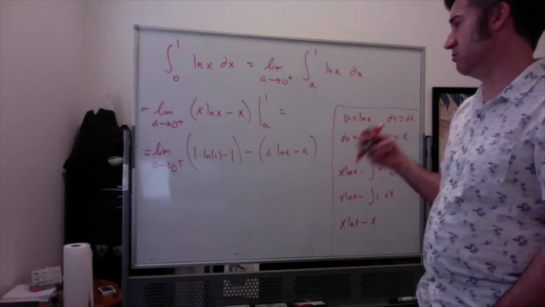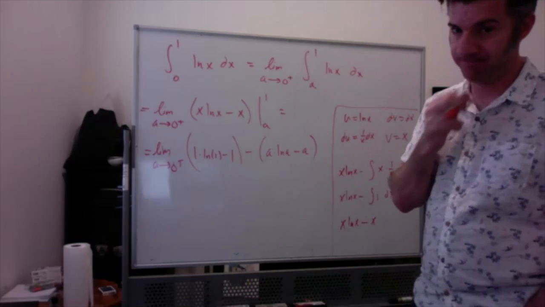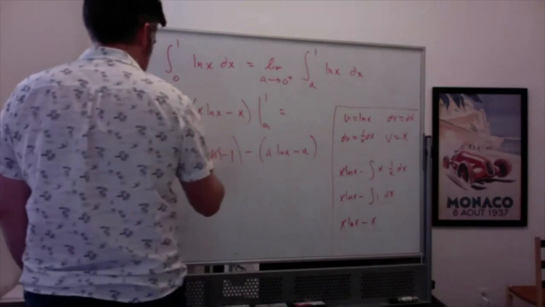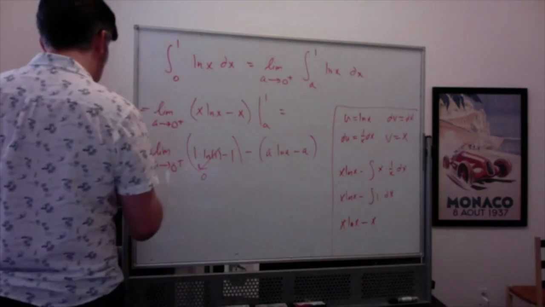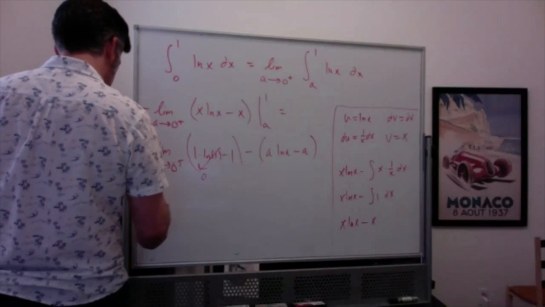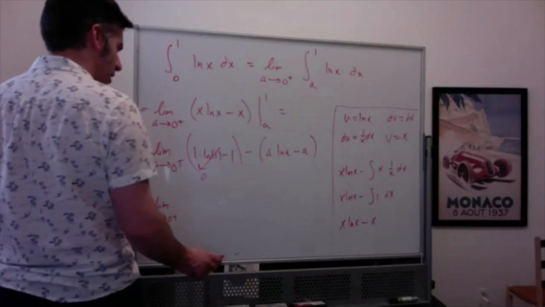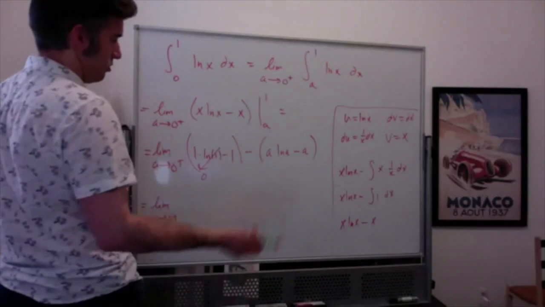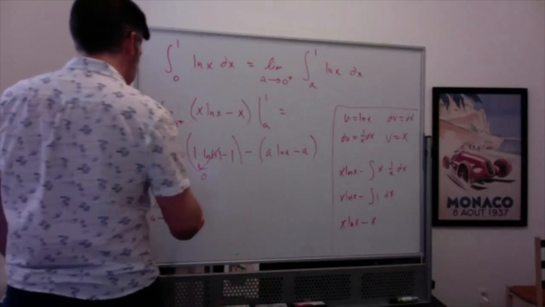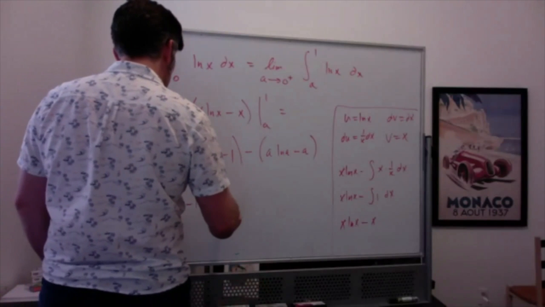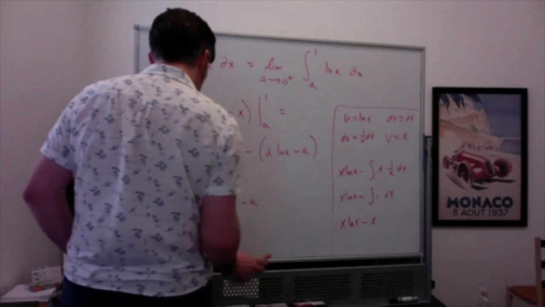Uh-oh. So this is going to be 0. So I'm going to have the limit as a goes to 0 from the right of negative 1 minus a natural log of a minus a.